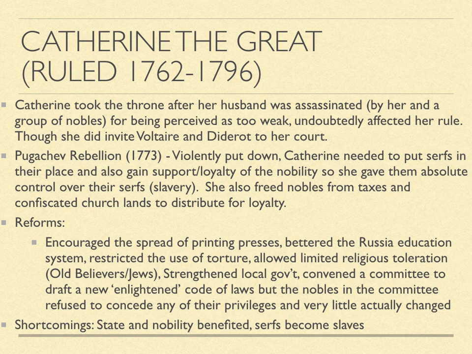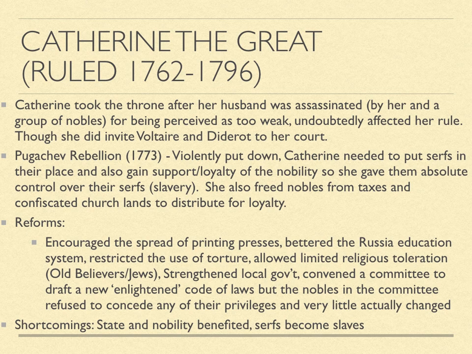But because of the effects of Pugachev's rebellion, in the middle of her reign, Catherine needed to put down any possibility that serfs were going to revolt again, and so she gave the nobility absolute control of their serfs, which essentially turns it into slavery.